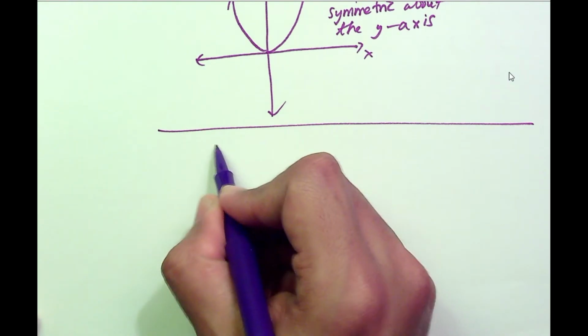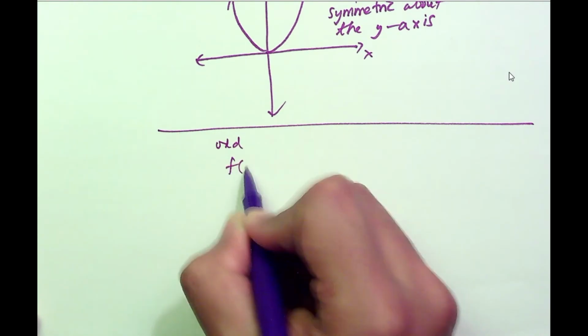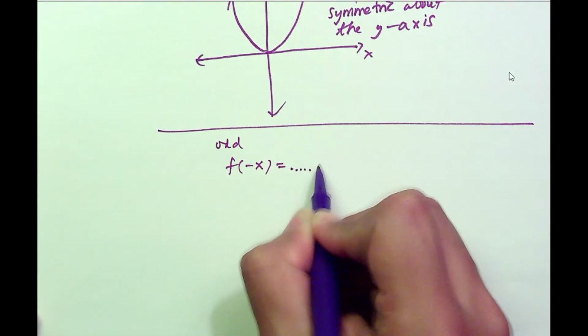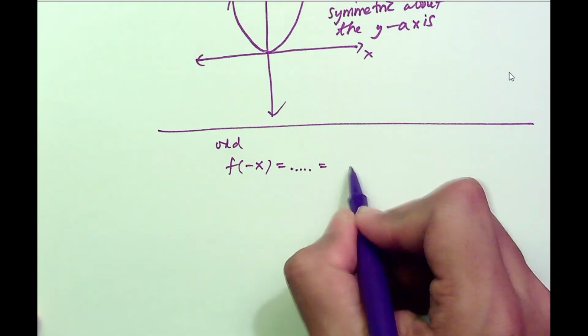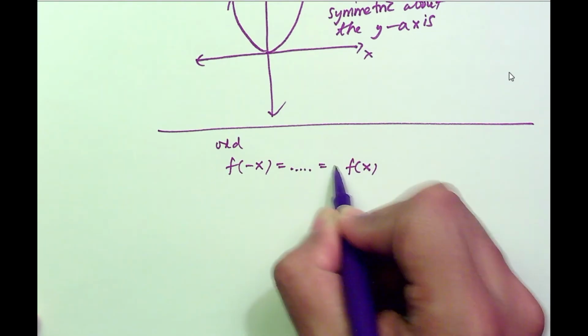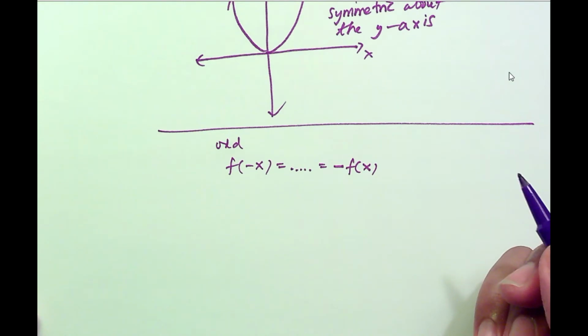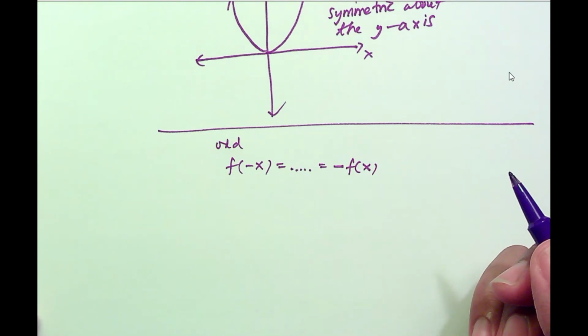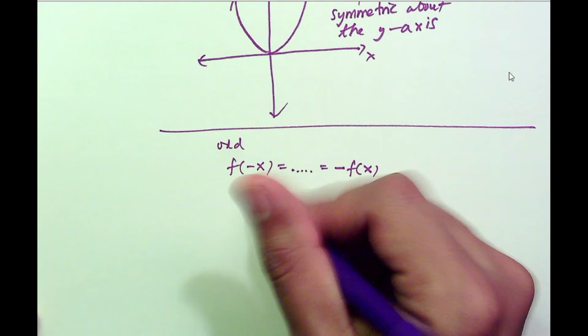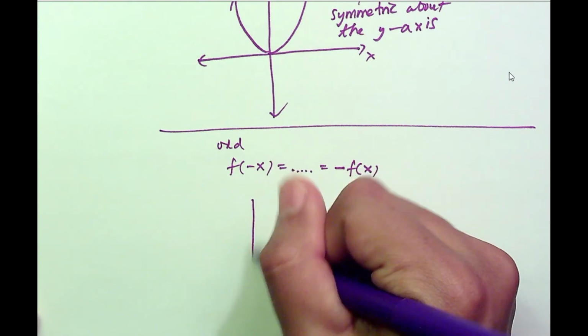So odd would be if I plug in -x and I simplify as much as I can, I end up not with f of x, but negative f of x. And that's algebraically.